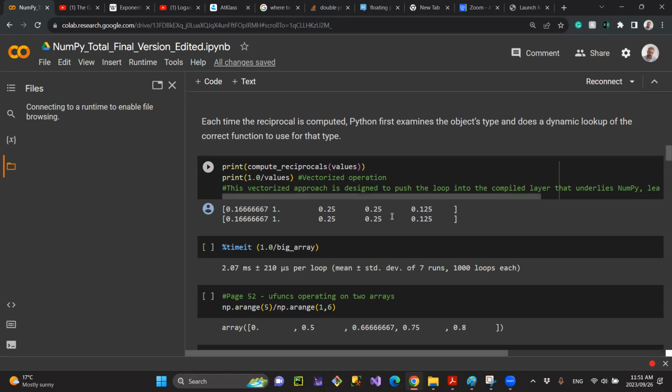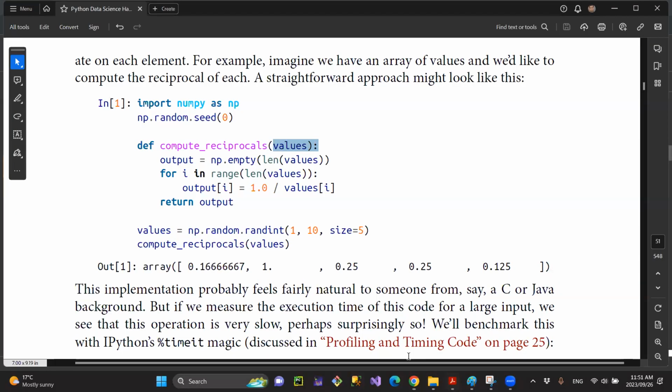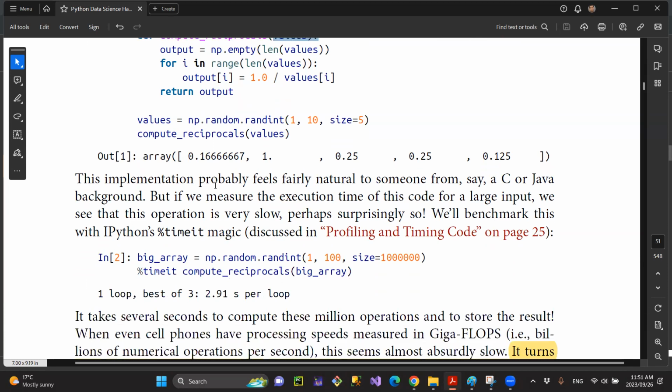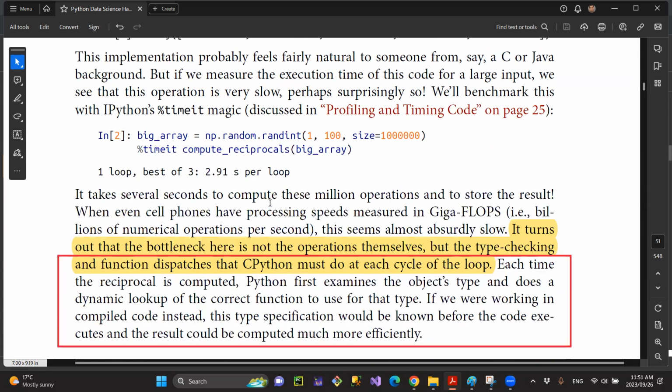If anybody wants to copy the code from the book and not type it, we are on page 51 based on the PDF.